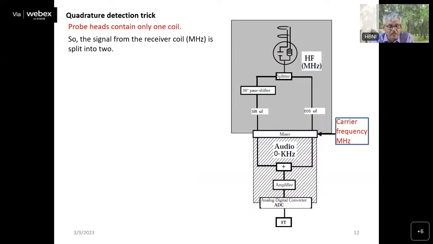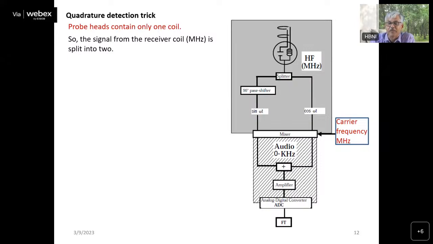Whatever signal you are getting from the receiver coil is split into two. There is a signal splitter, and then one branch goes through a 90-degree phase shifter. You see the X and Y differ by 90 degrees. So if you do a 90-degree phase shift, you are converting a cosine signal into a sine signal.